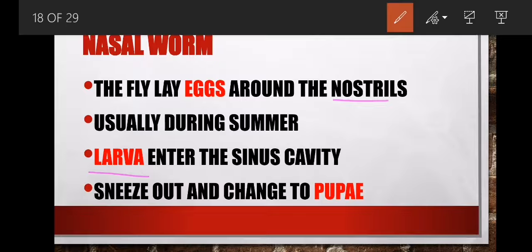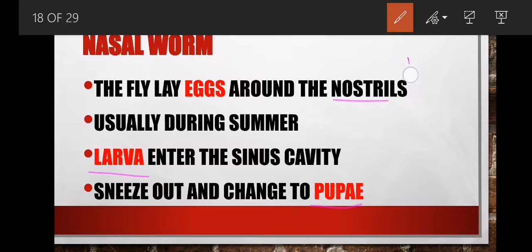When the eggs hatch to form a larva, they will move through the nasal cavities, the sinus cavities. When the animal sneezes, it will sneeze it out in the form of a pupa. So it goes to another stage, which is what? A pupa. Then the pupa will develop to form what? A nasal worm, or a nasal fly.